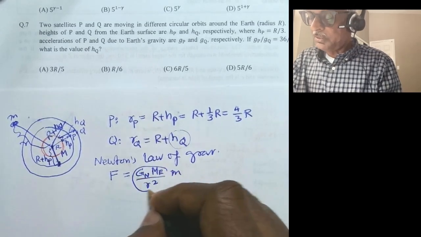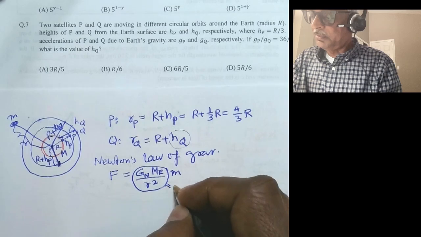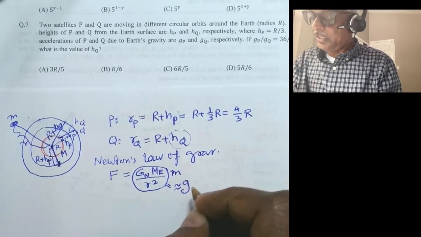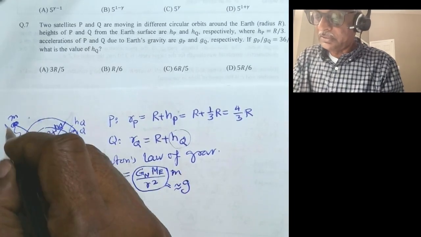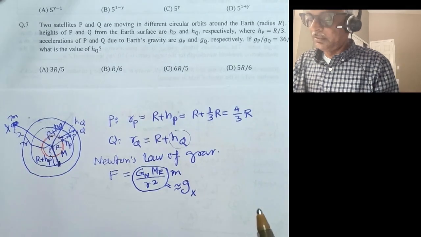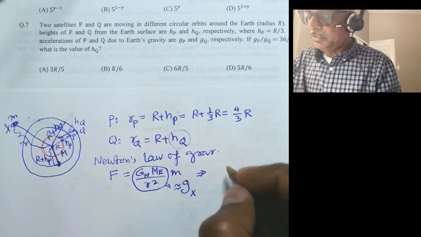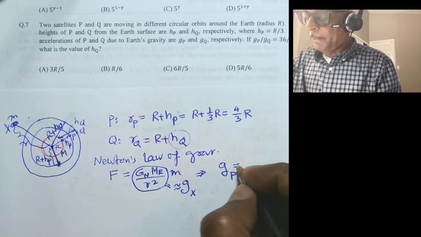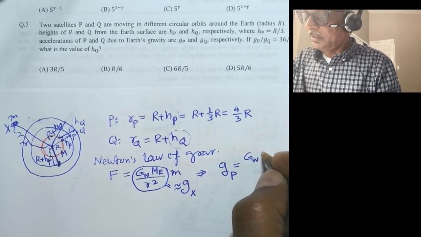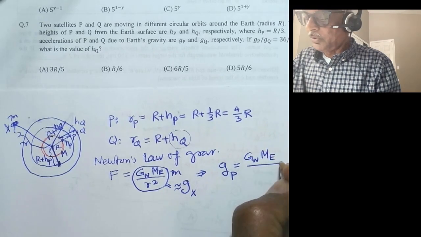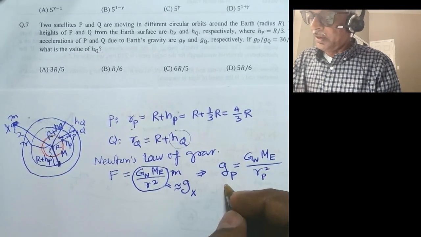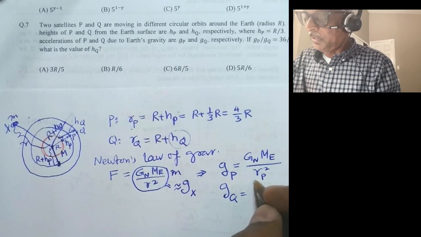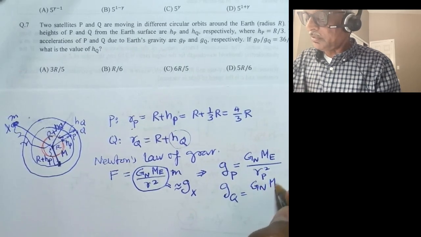So this is the one we call little g at that location, g at X. That means g of P will be G Newton, mass of the Earth, over RP square, and g of Q will be G Newton, mass of the Earth, over RQ square.